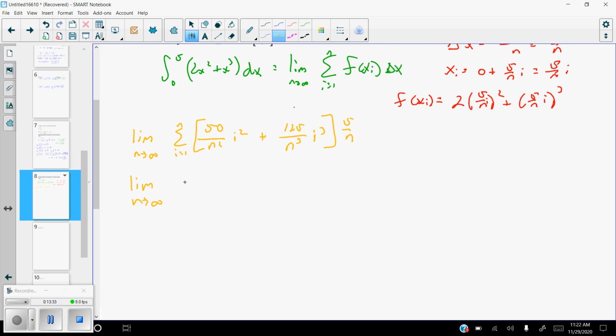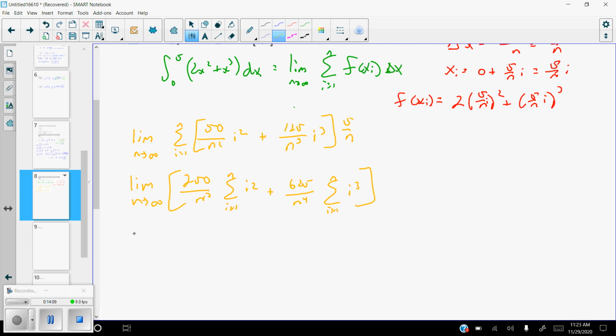All that stuff can come out to the front. 250 over n cubed, that leaves me with the sum of i squared. 5 times 125 is going to be 625. The n cubed times the n in the denominator is n to the 4th, and that's going to leave me with the sum of i cubed. Okay, that's distributing everything and simplifying.